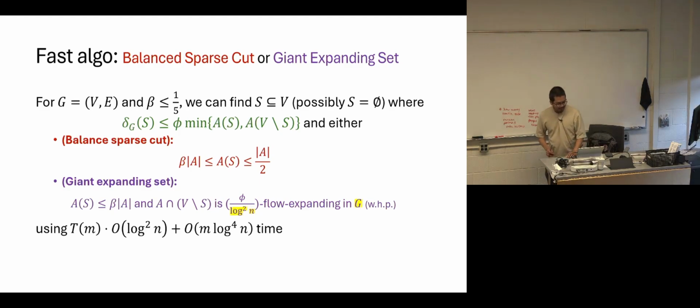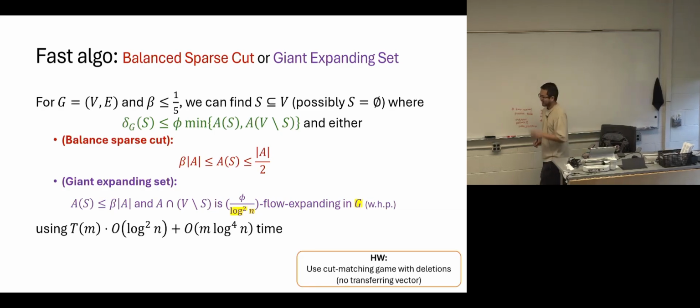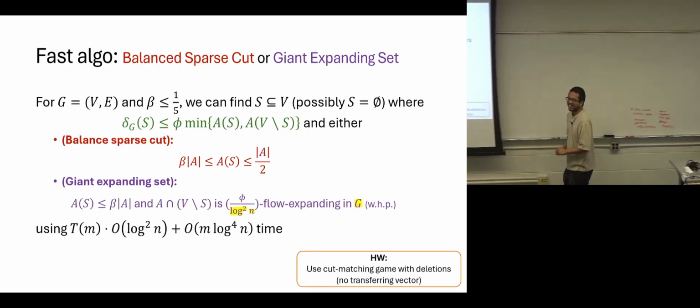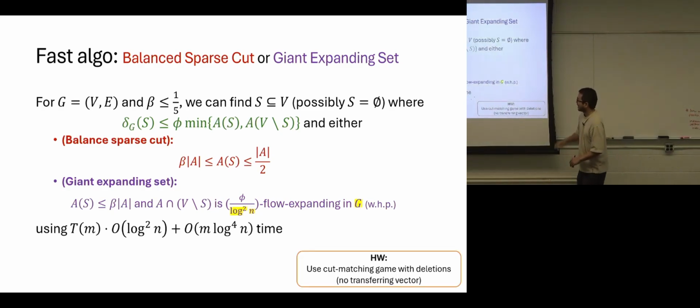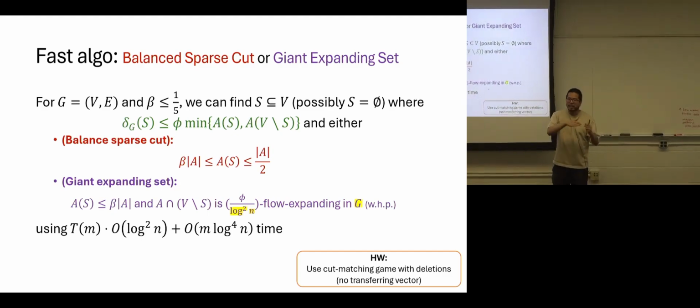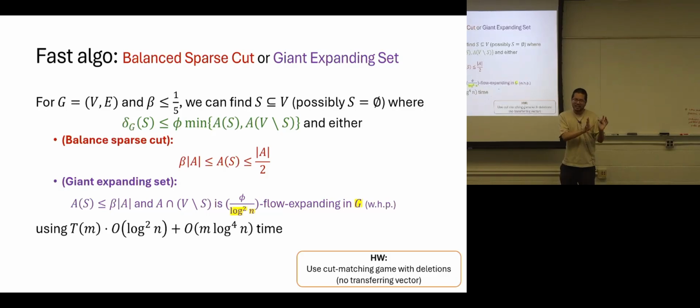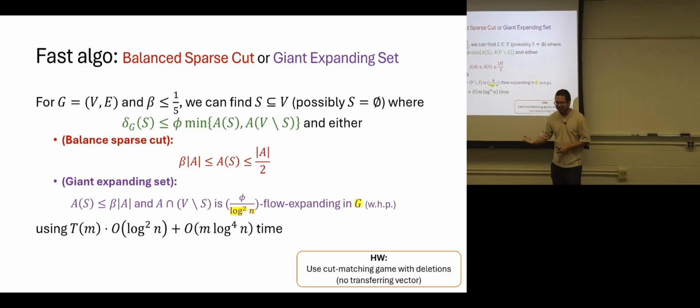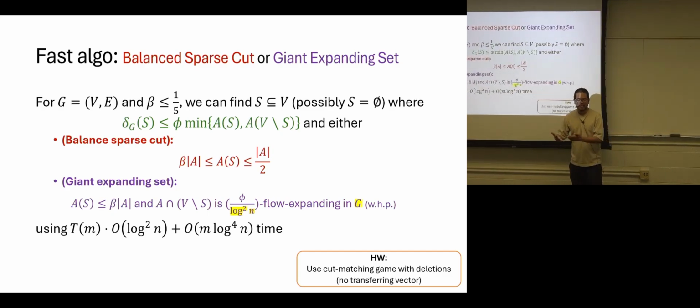Now, this is the part where I want you to think, and I'm going to put it in the homework actually, how to do it. Because you have seen how to use the standard cut matching game to find one sparse cut. It might be balanced or not, doesn't matter. And you have seen a more advanced version to find an expanding balanced separator, the cut matching game that uses both deletion and moving, transferring vectors.